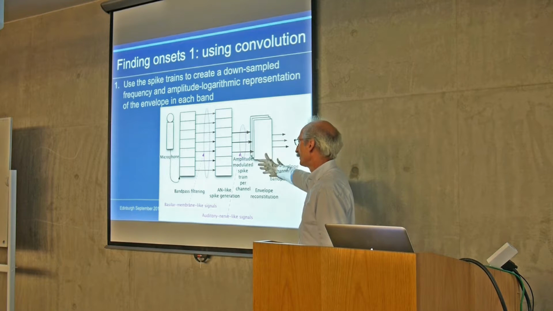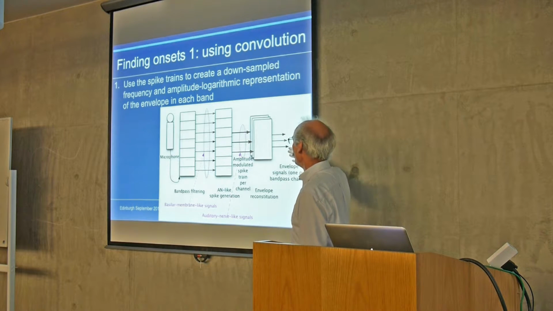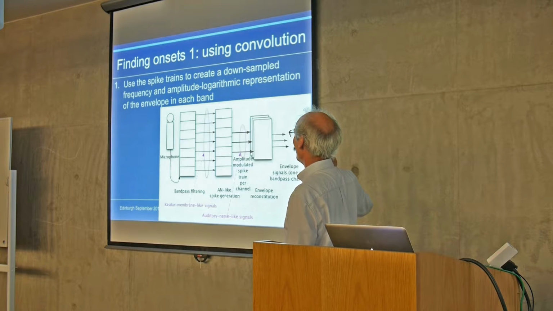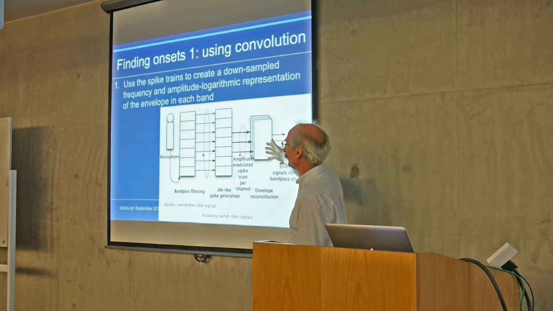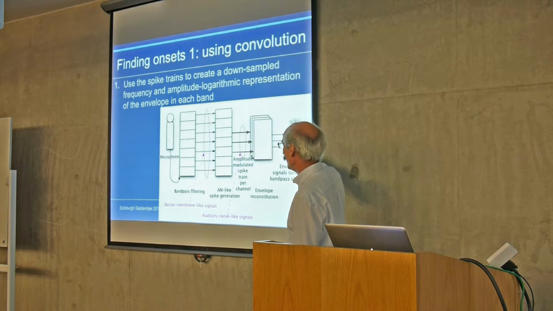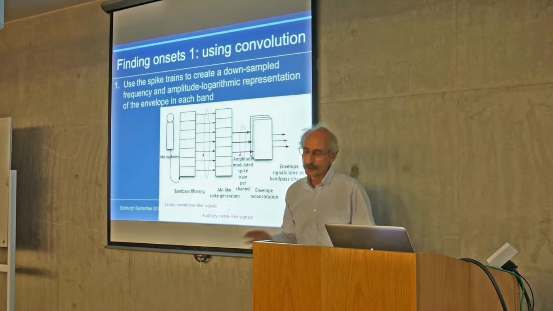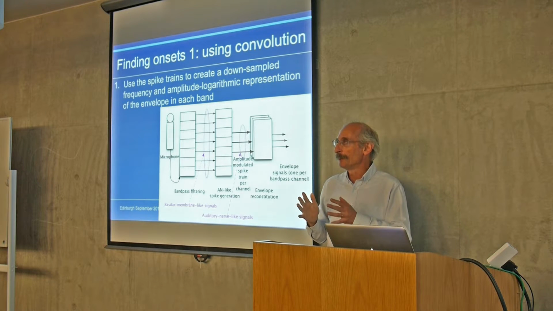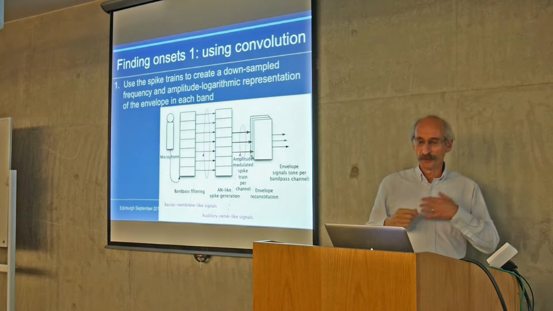We get a spike train per channel. We take a downsampled frequency and amplitude representation of the envelope in each band, because when we're looking at onsets, we're interested in relatively slow, maybe 10, 20 millisecond timings of these onsets.